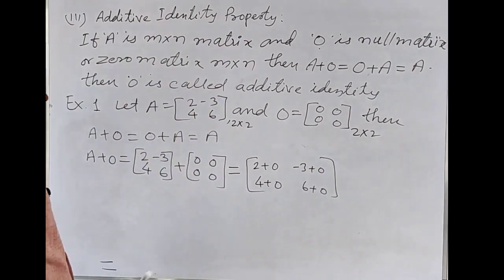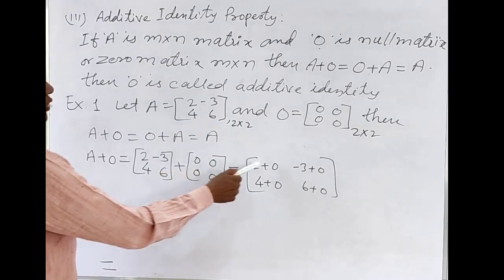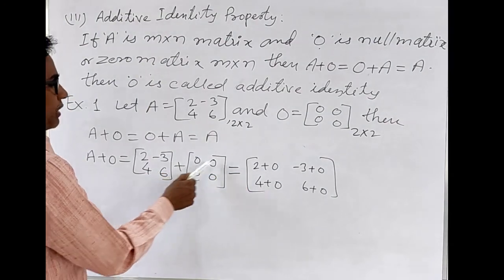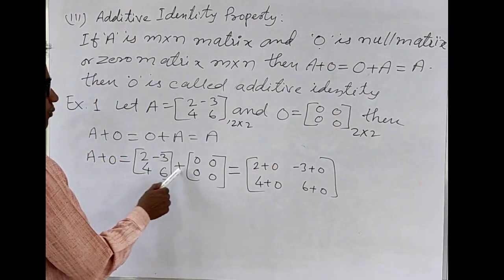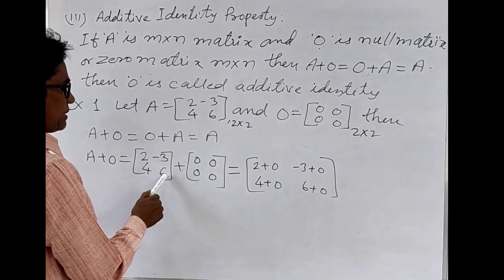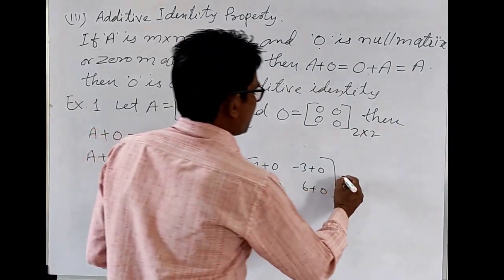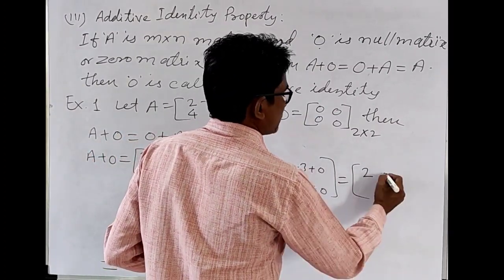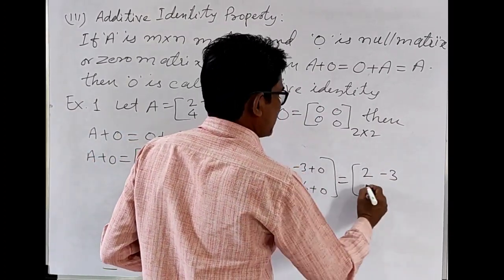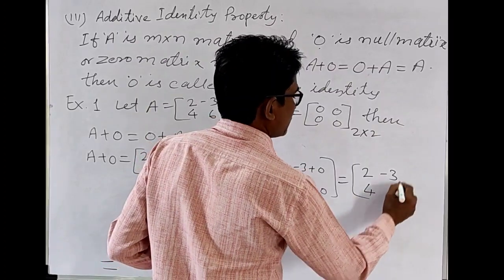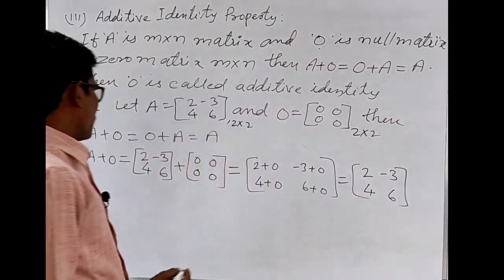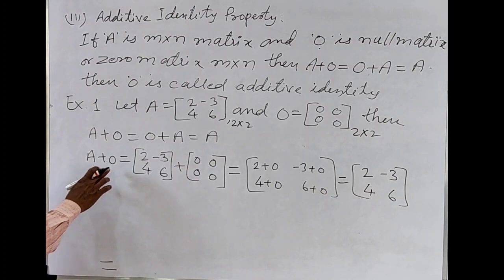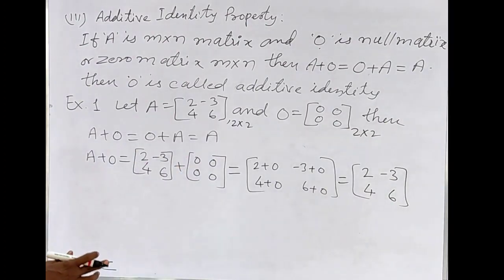What we have done here? 2 plus 0, minus 3 plus 0, 4 plus 0 and 6 plus 0, which is equal to 2 plus 0 is 2, minus 3 and this is 4 and this is 6. So what we get here? A plus O we got 2 minus 3 4 6.